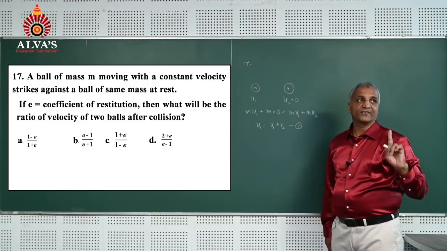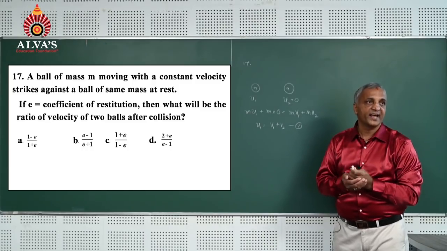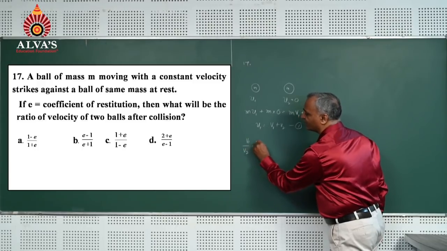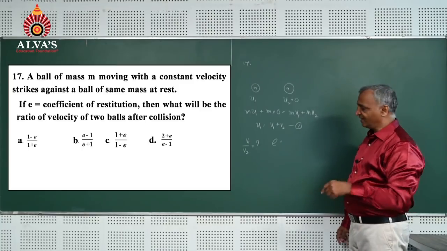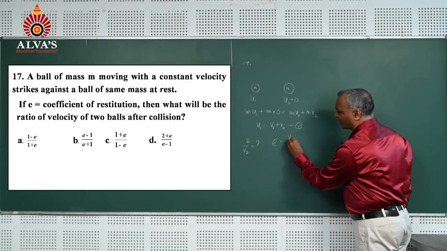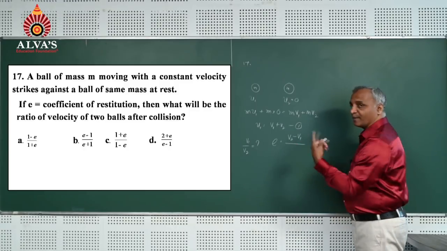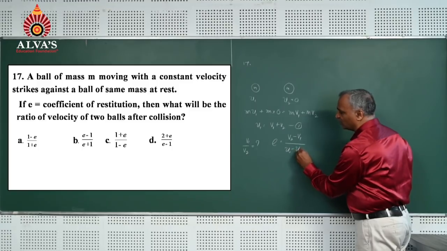And we want to find out, the coefficient of restitution is given, I want to find out what is v1 by v2. But the coefficient of restitution is nothing but the velocity of separation after collision, v2 minus v1, over the velocity of approach before collision, that is u1 minus u2.